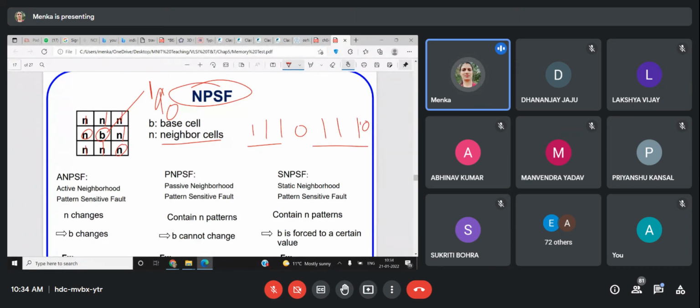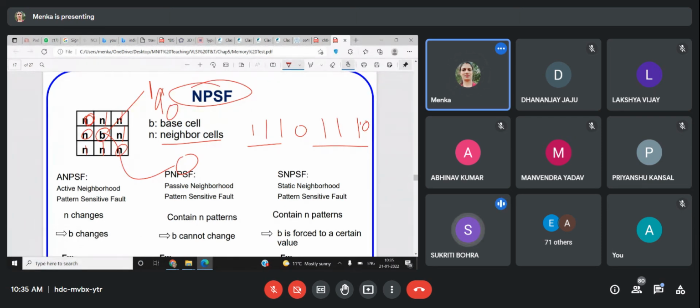It is not always stuck at 1. If the pattern changes, let's say I make it 0, it might become 0 if you want to make it 0. So that's why we call this pattern sensitive fault, neighborhood pattern sensitive fault. समझ में आ गया?